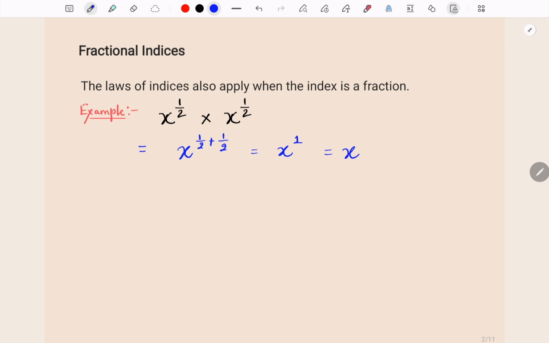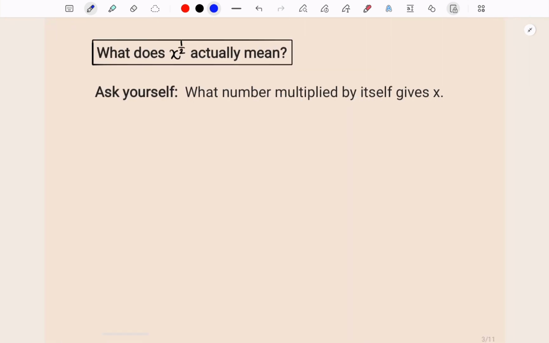Now we can ask ourselves this question: what is x raised to the power 1 over 2? Now let's ask ourselves what number multiplied by itself gives x. We know that root x, or square root of x, multiplied by square root of x gives x. That is the definition of square root of x, right?